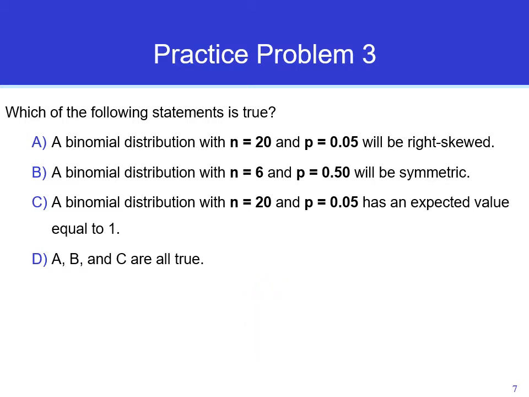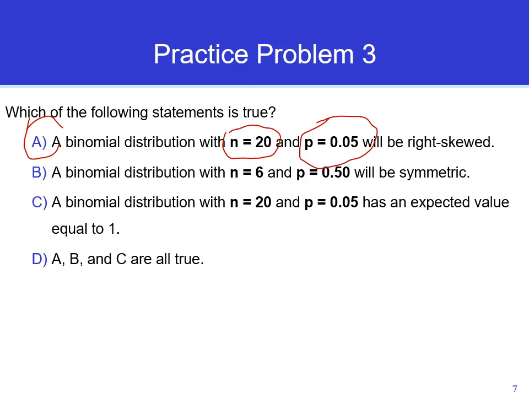All right, let's see the solution. Let's see if A is true. A binomial distribution with n equal to 20, so n is actually pretty small. It's not greater than 30, and p is less than 50%. So we would expect this to be right skewed. So A is correct. Let's see if B is correct.